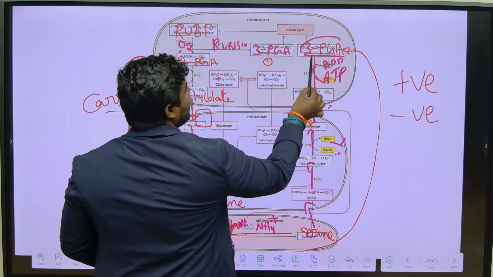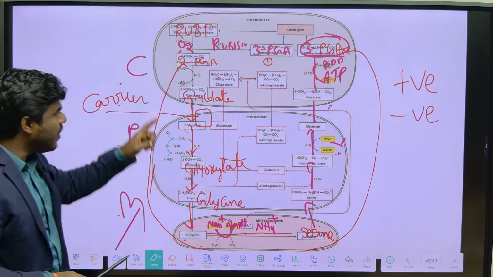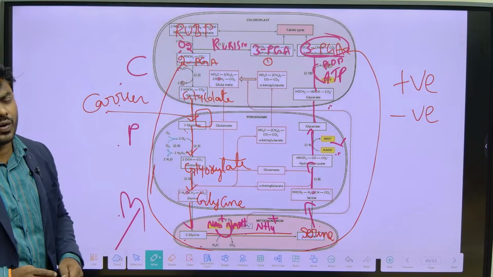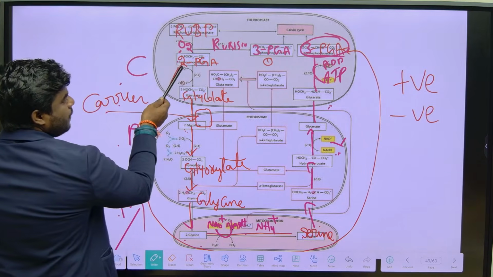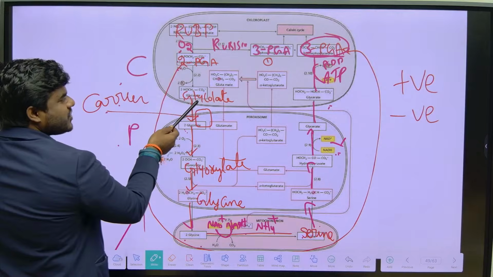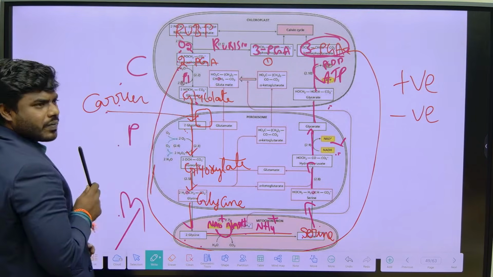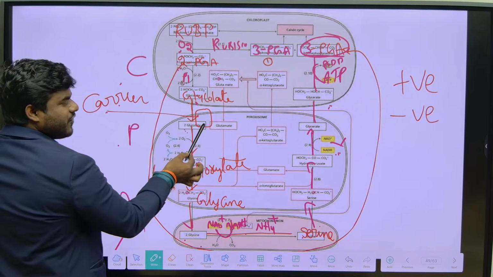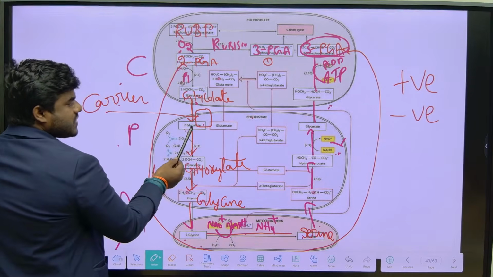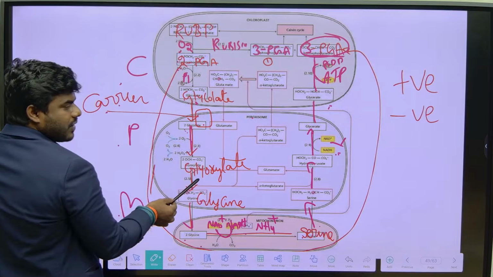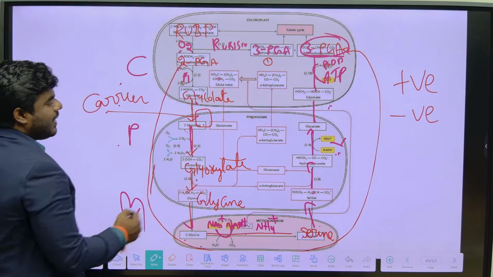Again, it has to be converted into 3-PGA. Then only the Calvin cycle will continue. For that reason, this 2-PGA is converted initially into glycolate upon losing the phosphate group. Then the glycolate enters the peroxisome through the specific carrier. Then glycolate is converted into glyoxylate.